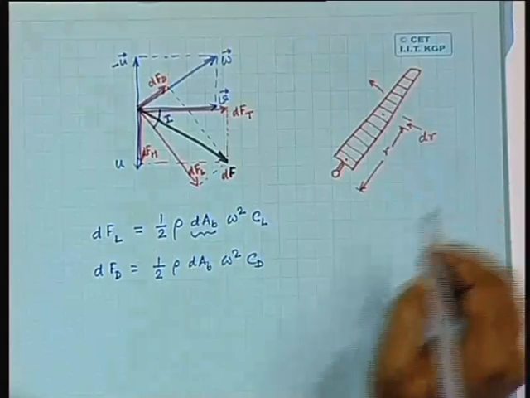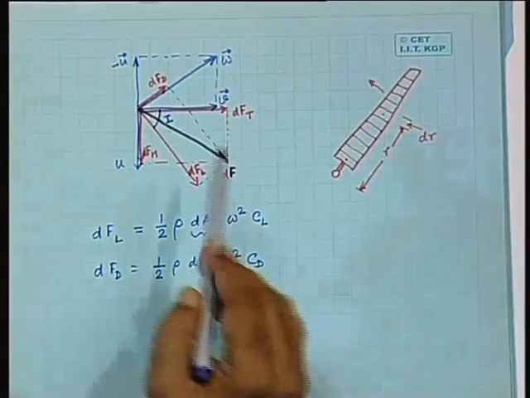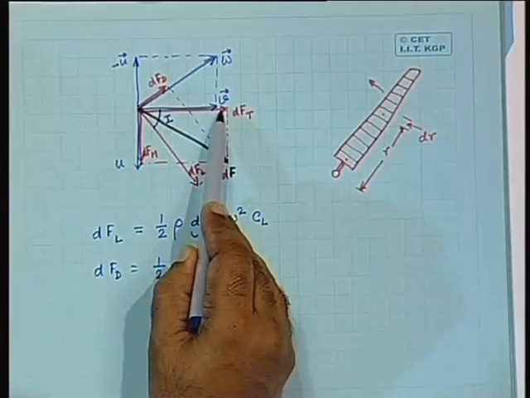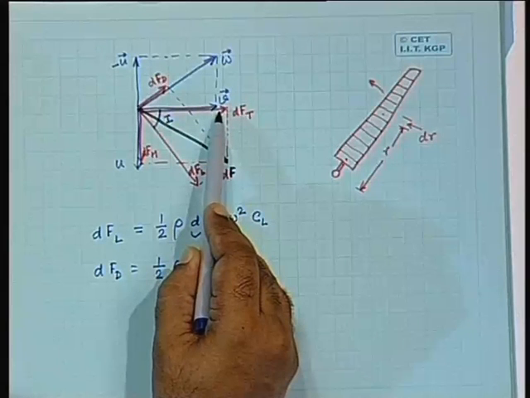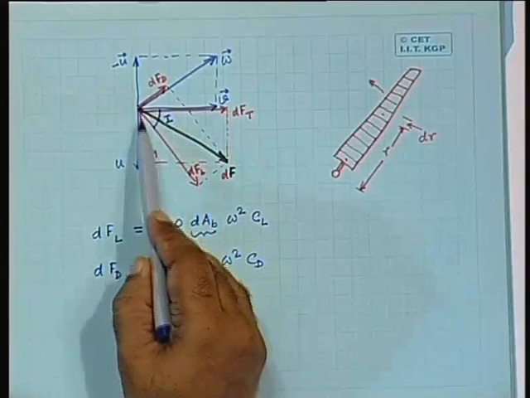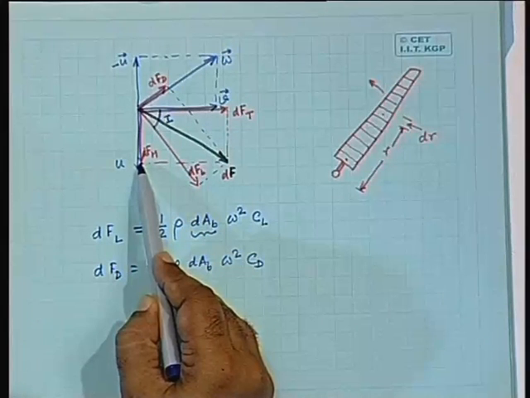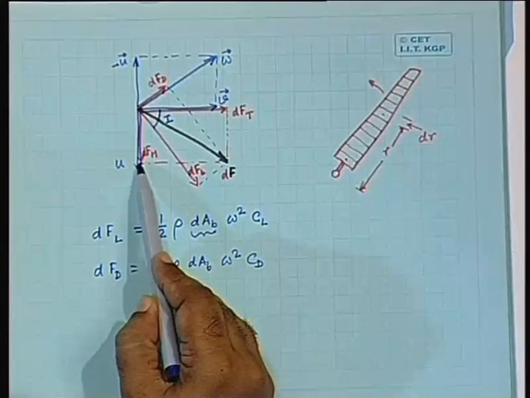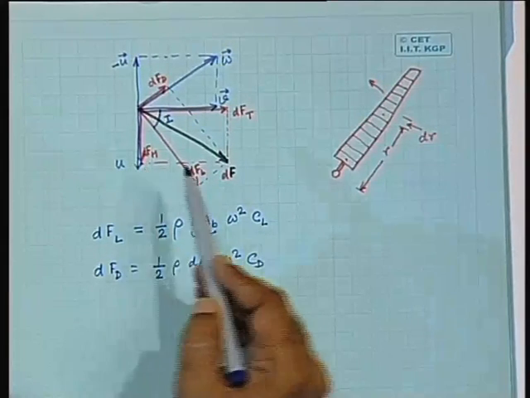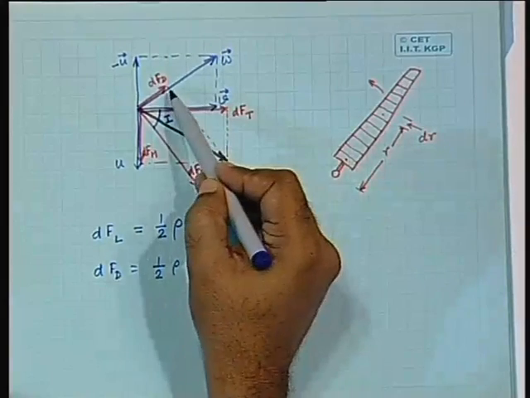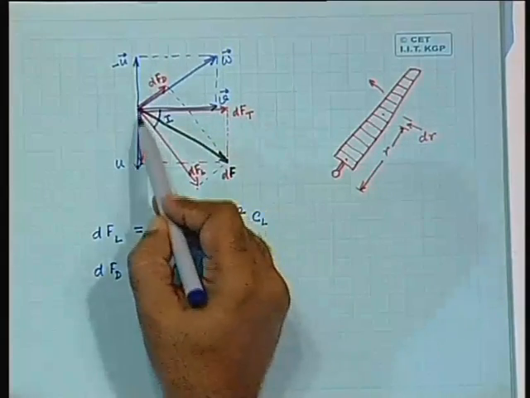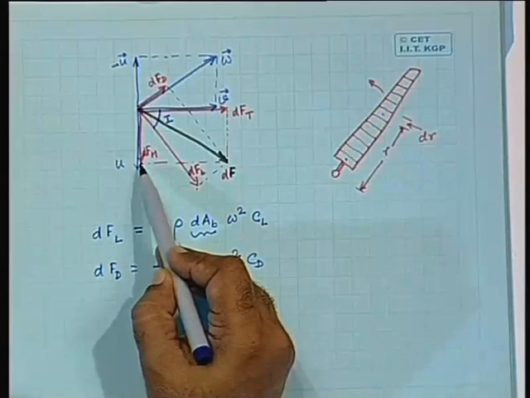So we can write, we are interested in actually the thrust force, because the tower has to withstand that amount of force. We are interested in the moment producing force because the power produced is dependent on that. So we can resolve this and that in this direction and in this direction to obtain these.